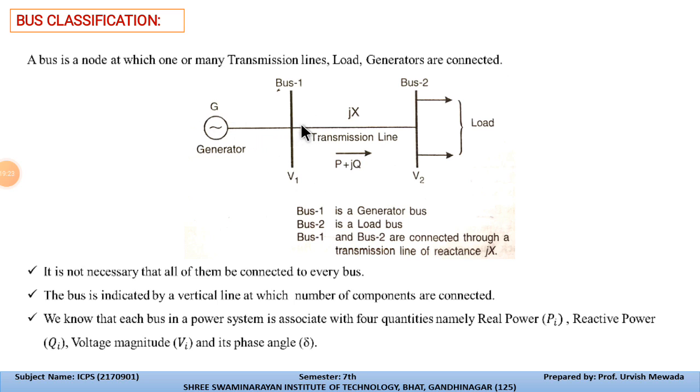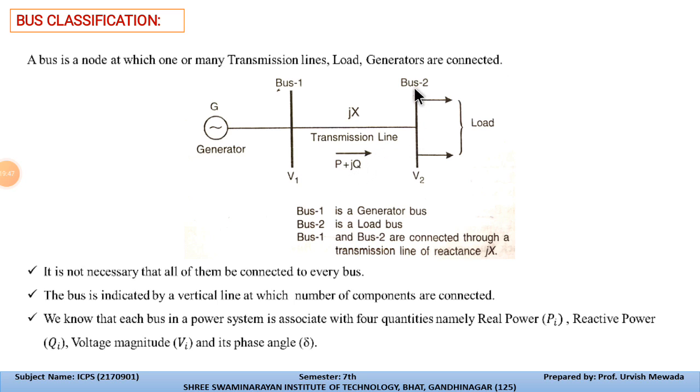After bus number 1 we have the transmission line, indicated with R plus jx. We are considering only the reactance because the resistance of the line is negligible, so it is indicated as jx. The power of this transmission line is P plus jq. P is the active power and q is the reactive power of the line.